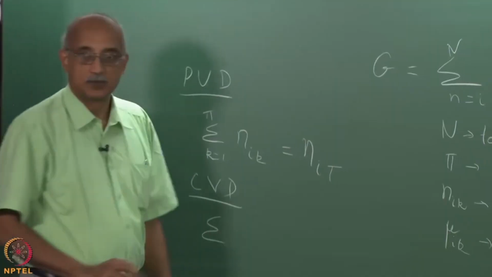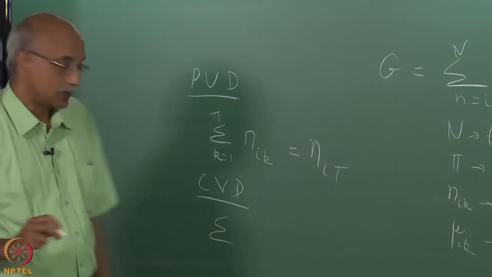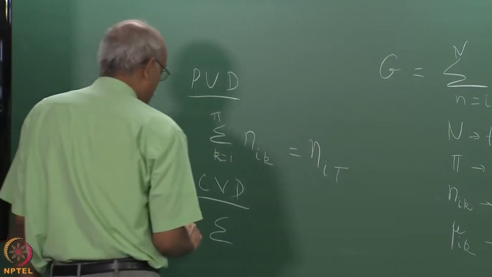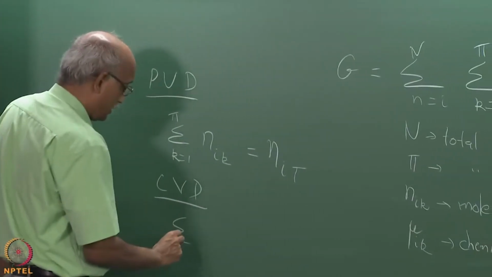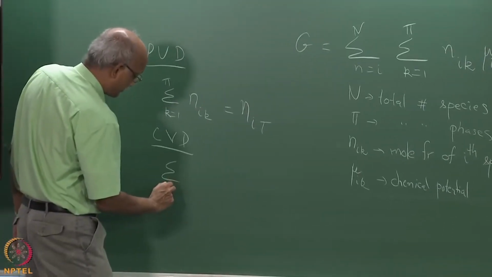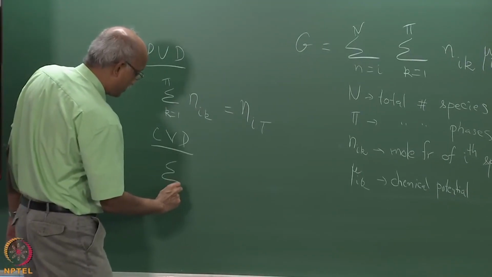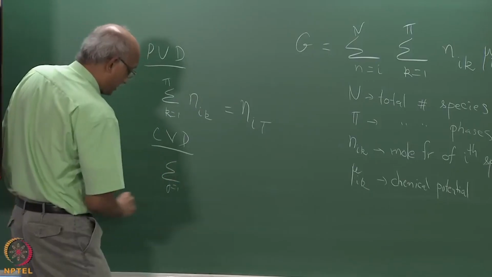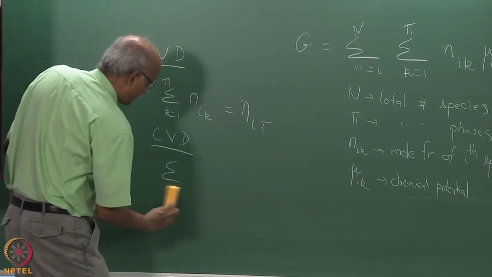So, in the case of a CVD reactor, the mass constraint is placed on elements, and essentially the way you would write that is to say that you do this for every element that is present.